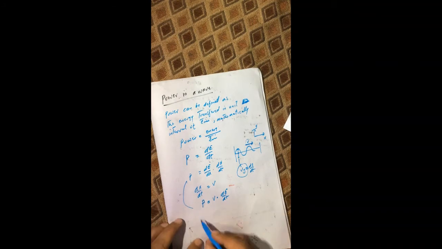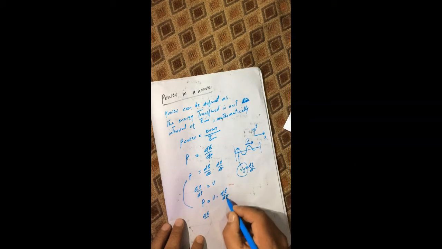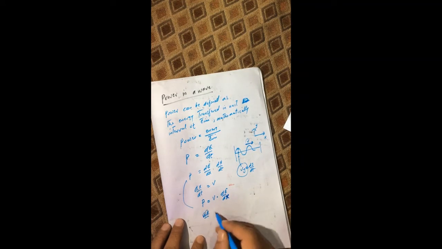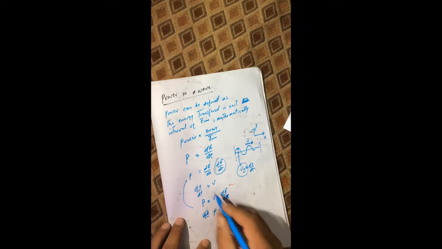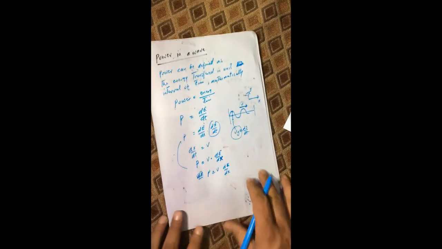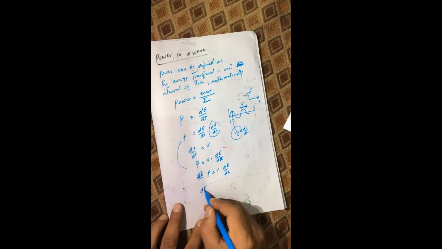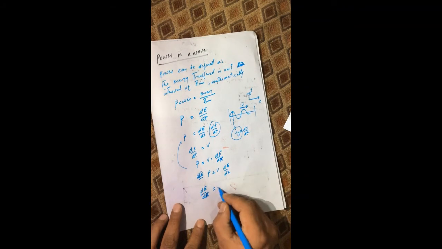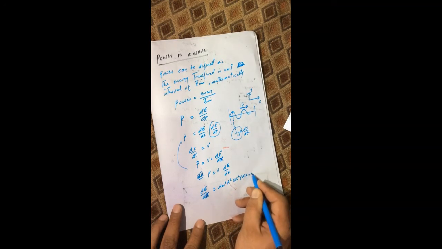Now we can write P is equal to v, and here we are left with this term, which is dE over dx. And we already did in the previous video that dE over dx, the total energy per unit length, is equal to mu omega square a square cos square (kx minus omega t).